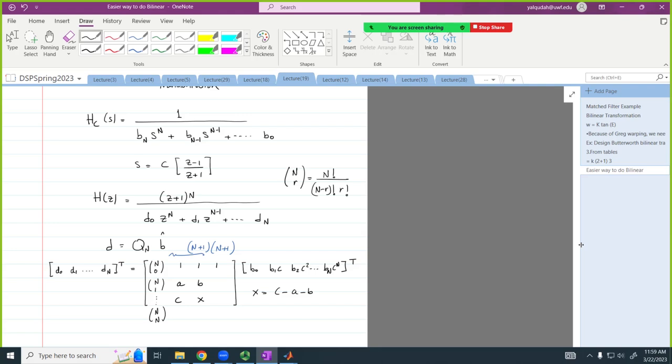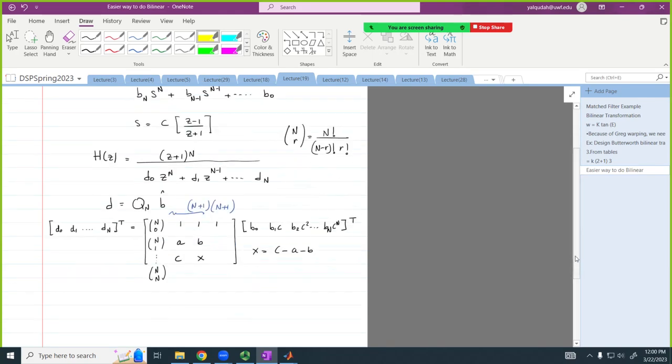Okay, so the only thing that should be clear is that this C is different than the other C. Now what is this C, which is here?